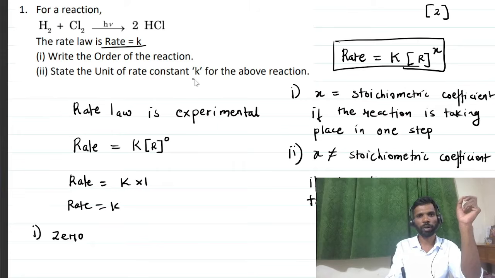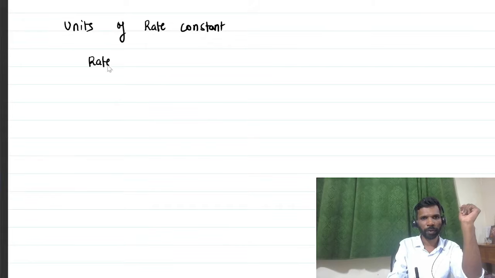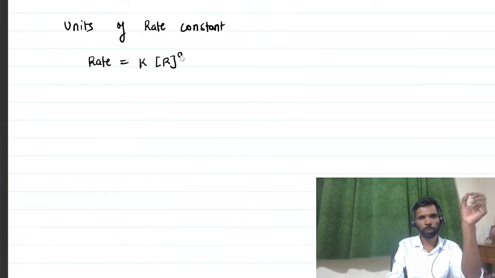State the unit of the rate constant K for the reaction. Let's derive this unit for a zero order reaction. Basically, how do we find the units of the rate constant? I'll illustrate over here. Units of rate constant: we'll write rate is equal to K, concentration of the reactant raised to 0.